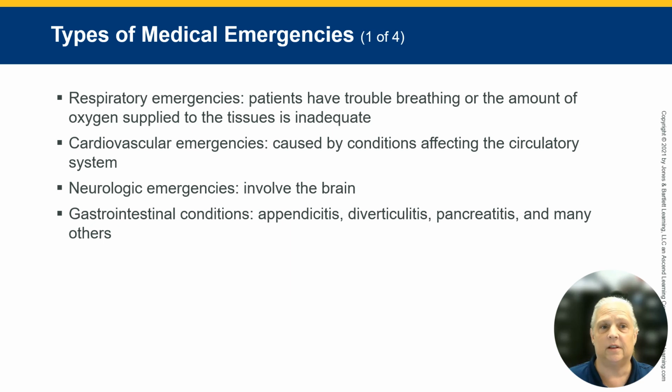With cardiovascular, it's something involving the circulatory system. Neurologic is going to involve the brain. Gastrointestinal disorders can include appendicitis, diverticulitis, pancreatitis. A multitude of other illnesses can be involved, gastroenteritis.